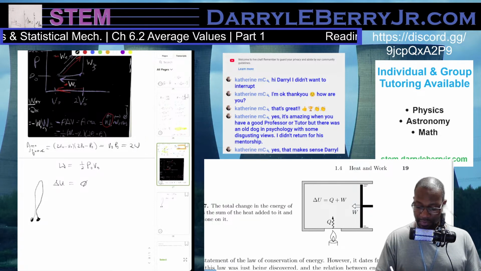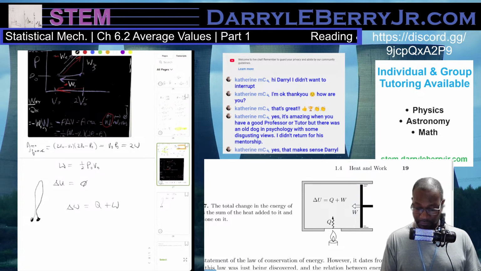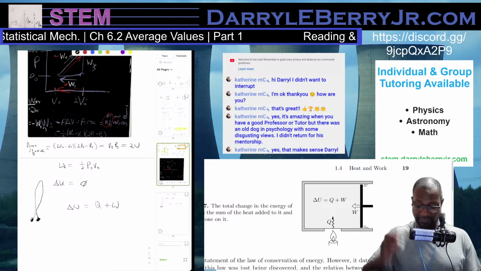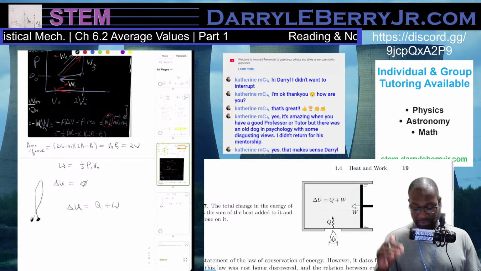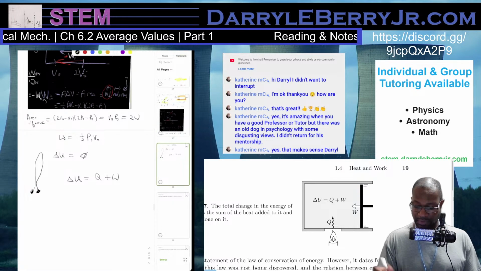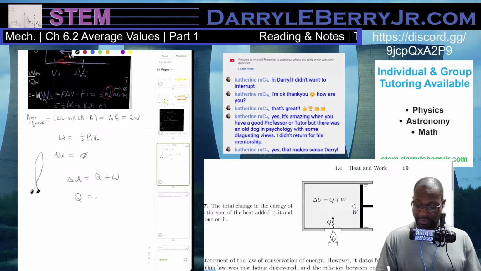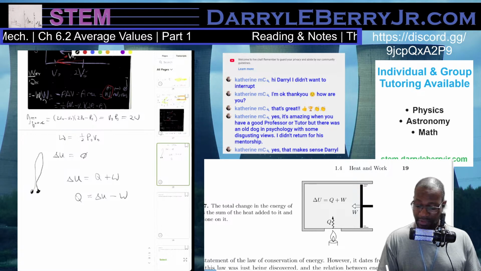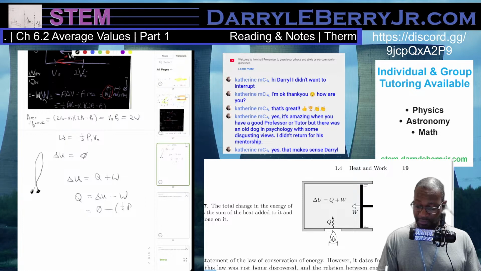So change in U equals Q plus work. So the change in the energy of this thing is going to change according to the work from the piston and the energy going in from the candle, Q. The last thing I need to get is change in U minus work equals 0 minus 1/2 P naught V naught.